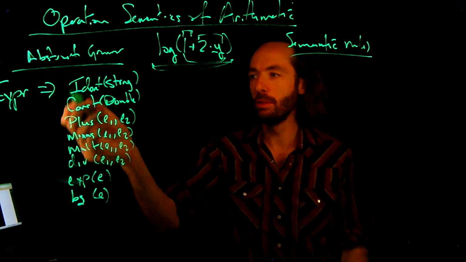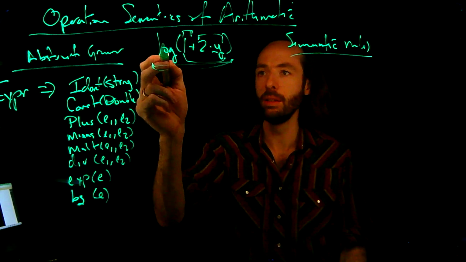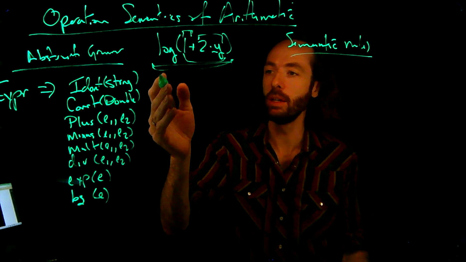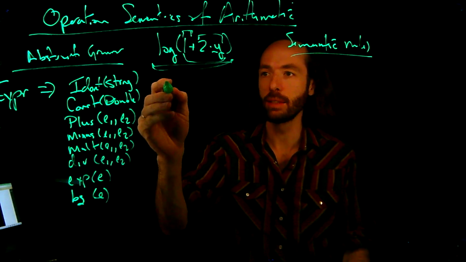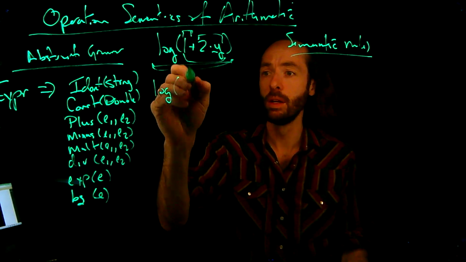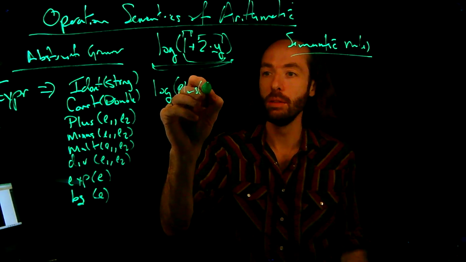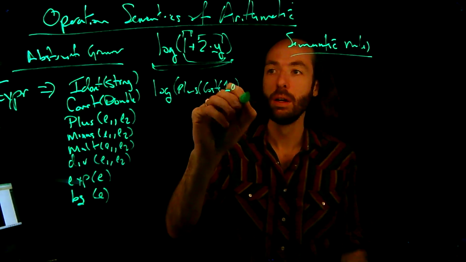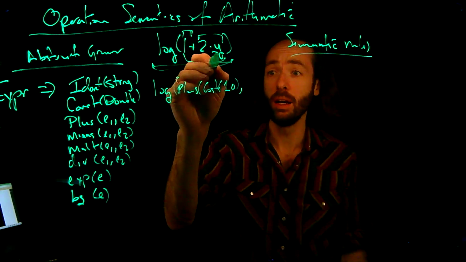So using this format, we can rewrite our concrete syntax up here into an abstract syntax format, right? So this is going to be log of plus of const of 1.0, and what is it adding?